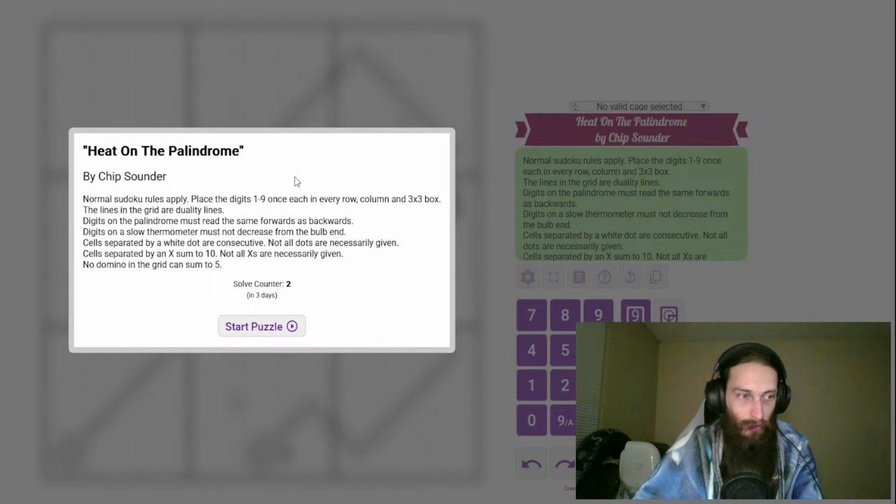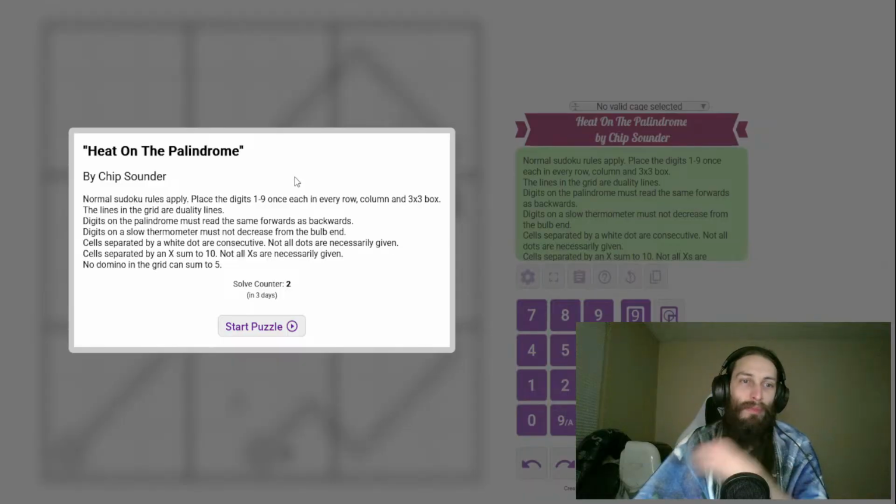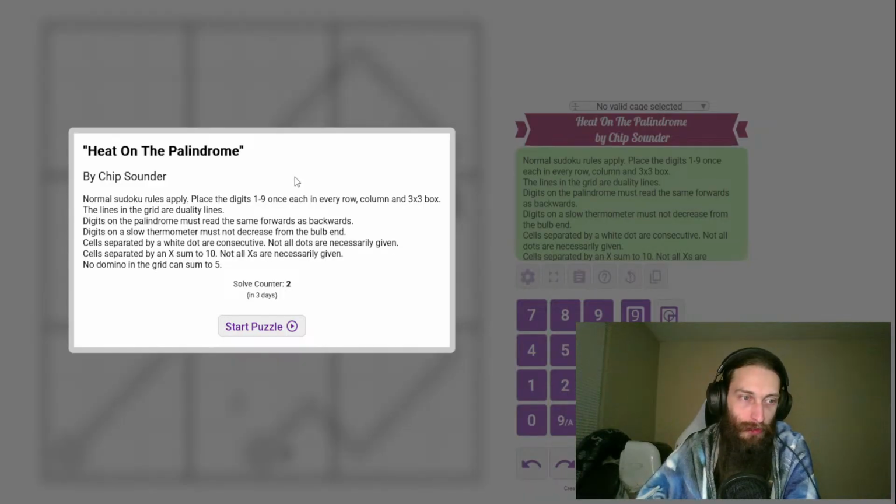And now we have our second puzzle. Heat on the Palindrome by Chip Sounder. Normal Sudoku rules apply. Place the digits 1 through 9, once each in every row, column, 3x3 box. The lines in the grid are duality lines.